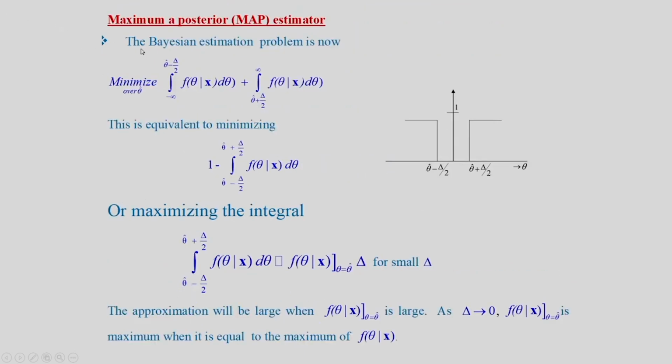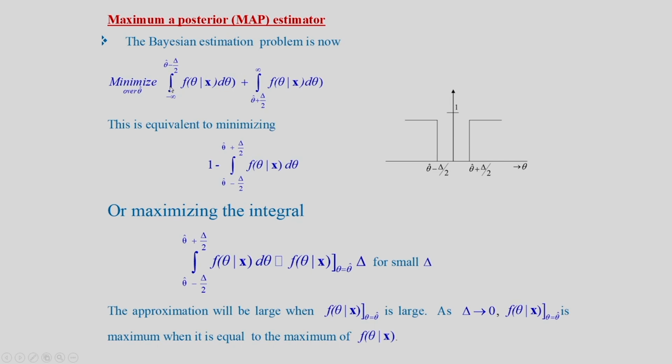Thus, the Bayesian estimation problem is now to minimize over theta hat this sum of the two integrals.